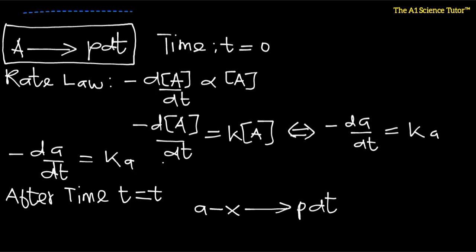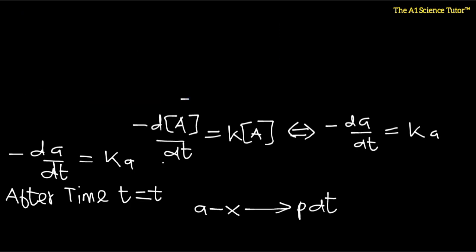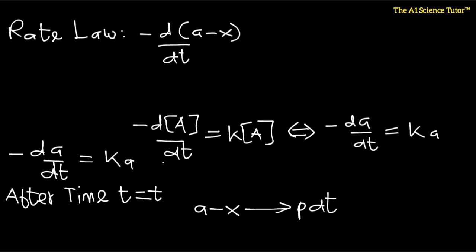I think I need to wipe out some stuff from here. So that is going to be after some time t. That is going to be negative d of a minus x over dt, and this will be equal to k multiplied by a minus x.